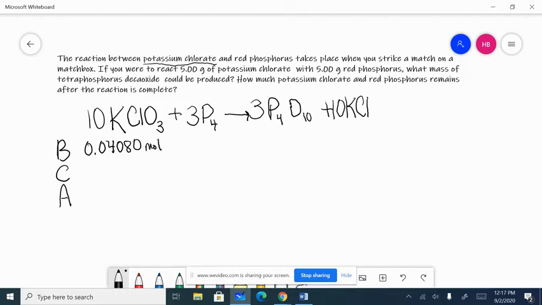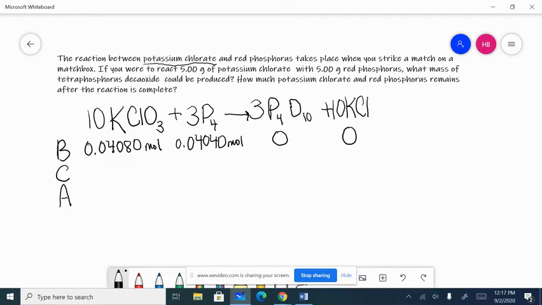Let's change P4. It's not P, so we have to multiply P by 4 in order to get the molar mass of 123.88. So the starting value is 0.04040 moles. Before the reaction starts, we don't have any products.